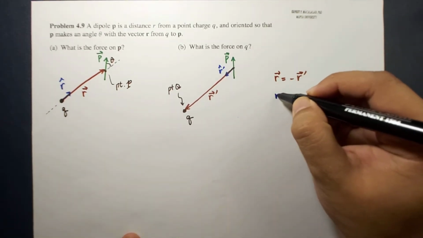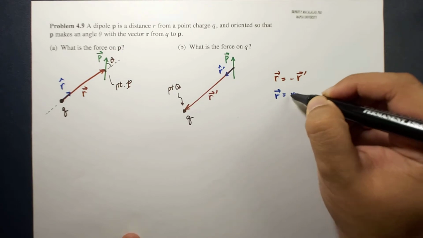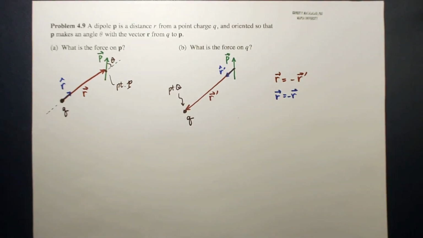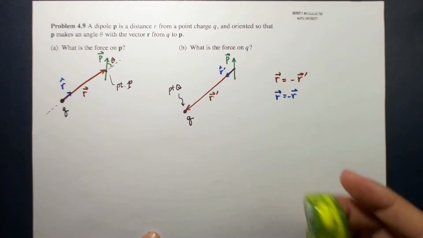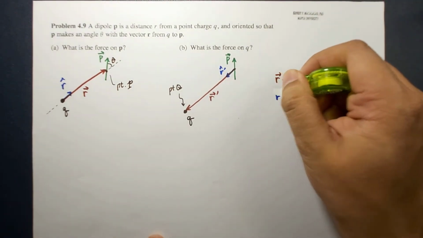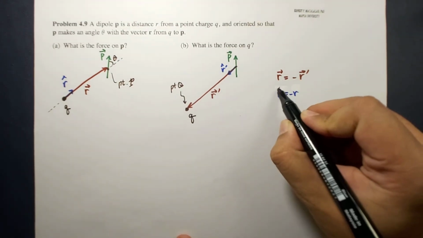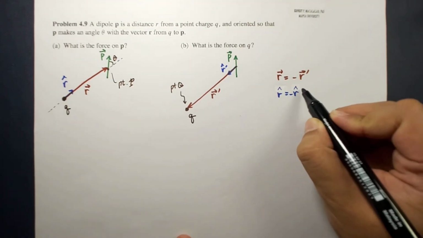So r hat is equal to negative r hat prime.